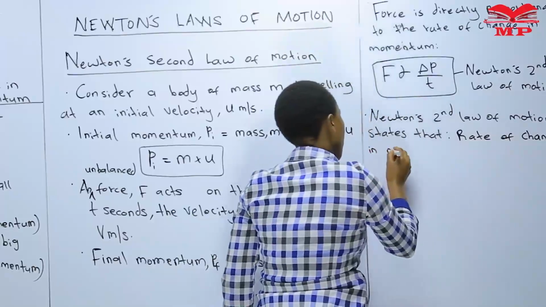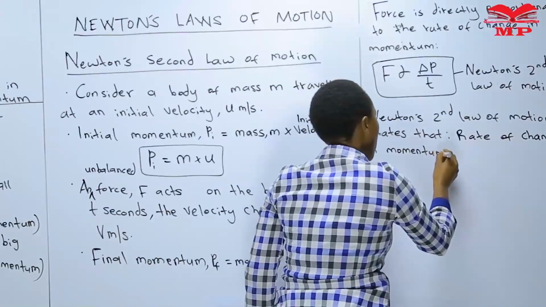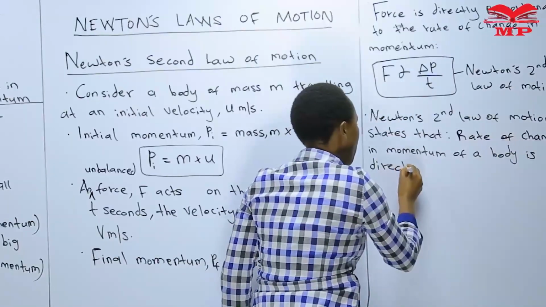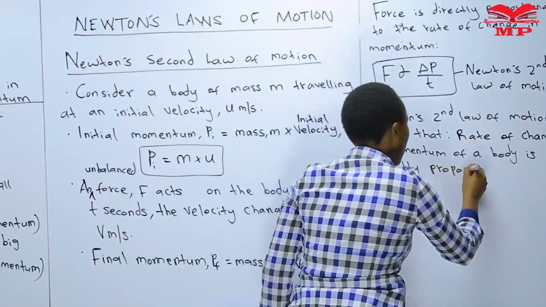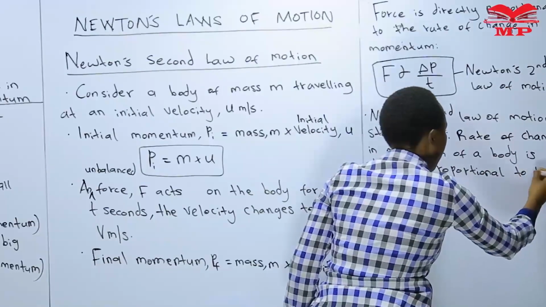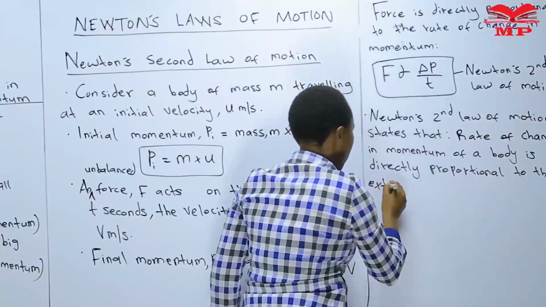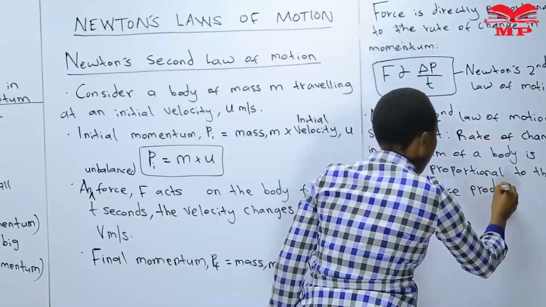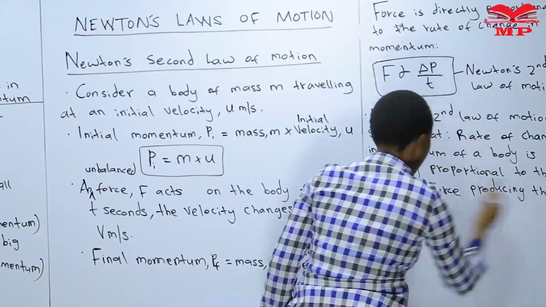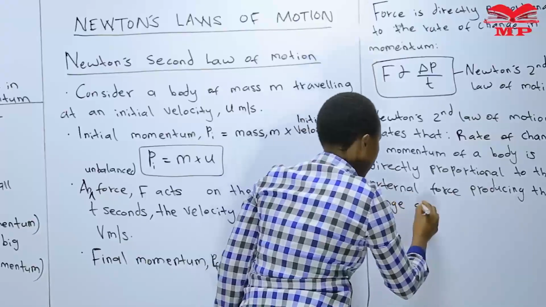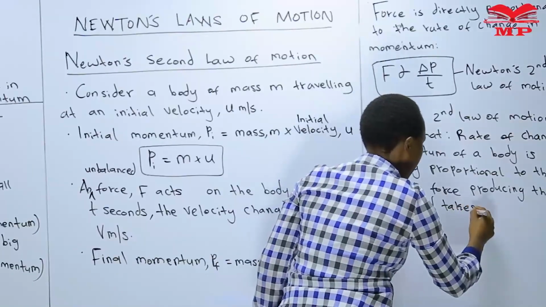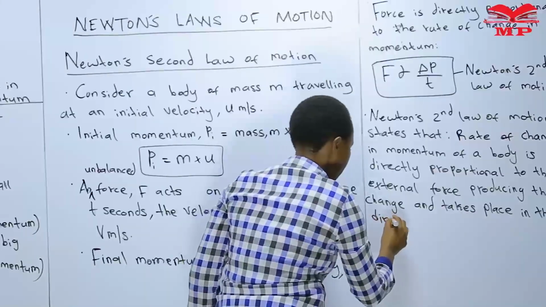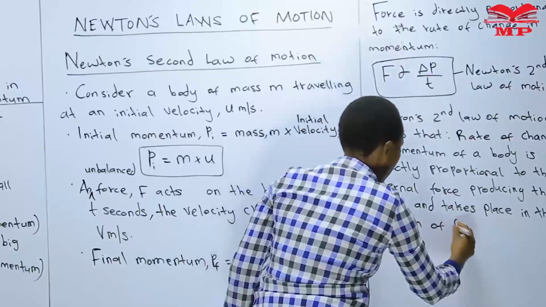The rate of change of momentum of a body is directly proportional to the external force producing the change, and takes place in the direction of force.